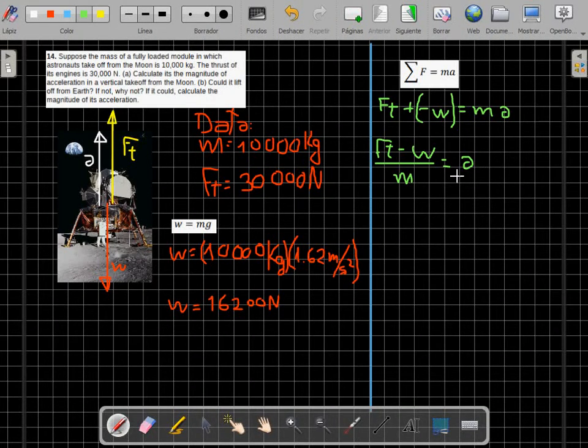Now let's replace all the data that we have here. The force of the thrust of the engines is equal to 30,000 newtons, minus the weight, which is equal to 16,200 newtons, and all of that divided by the mass, which is equal to 10,000 kilograms.